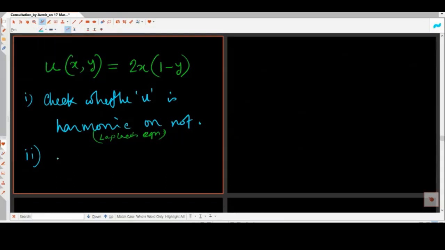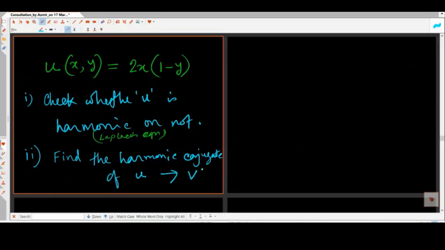Then we need to find the harmonic conjugate of u, which is known as v of x comma y. So after having u and v in our hand, we can easily find f of z, that is u plus vi.